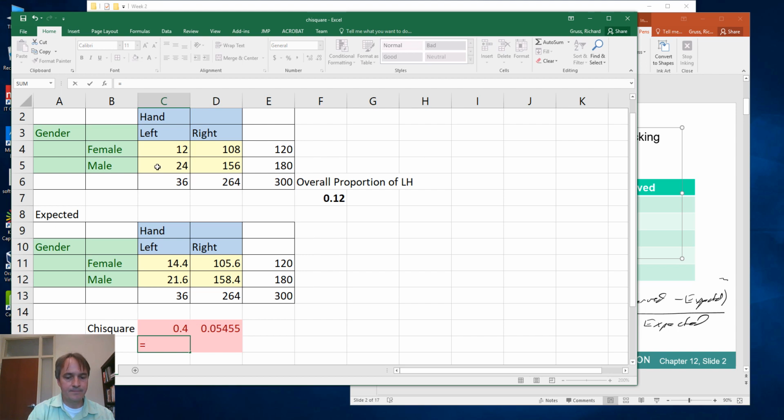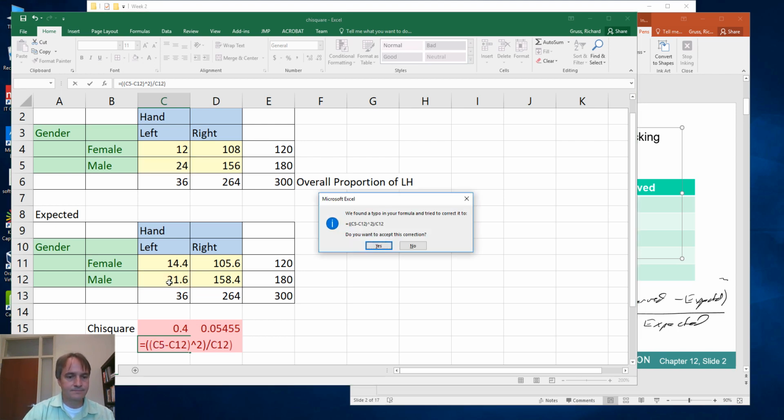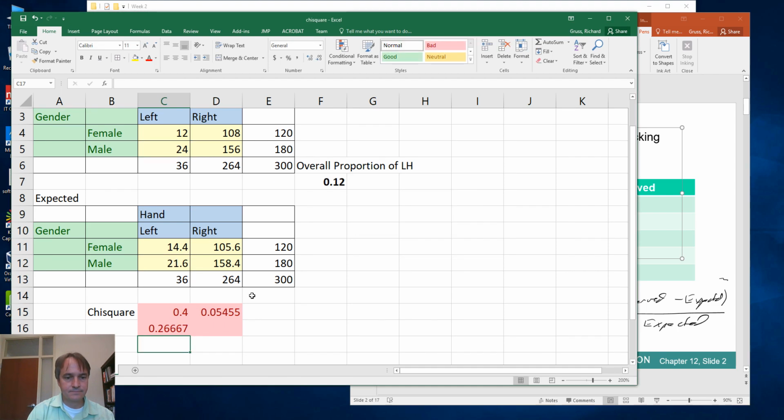Okay, same thing here. So observed minus expected squared divided by expected. Observed minus expected squared divided by expected.